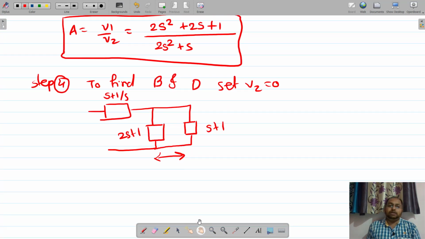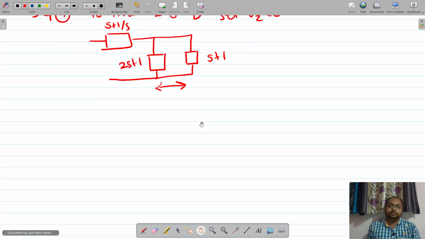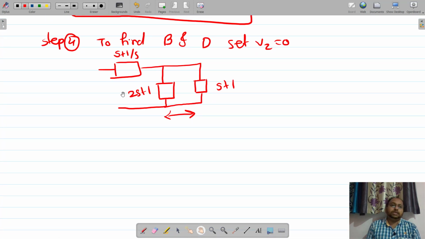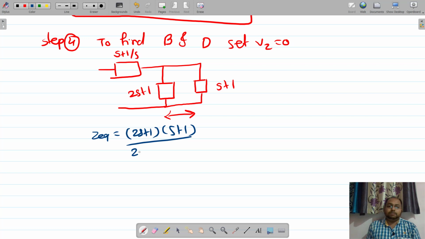So firstly we will simplify this network. Let us take this one. Fine, so Z equivalent is nothing but twice s plus 1 into s plus 1 divided by their addition, twice s plus 1 plus s plus 1. Let us simplify it.